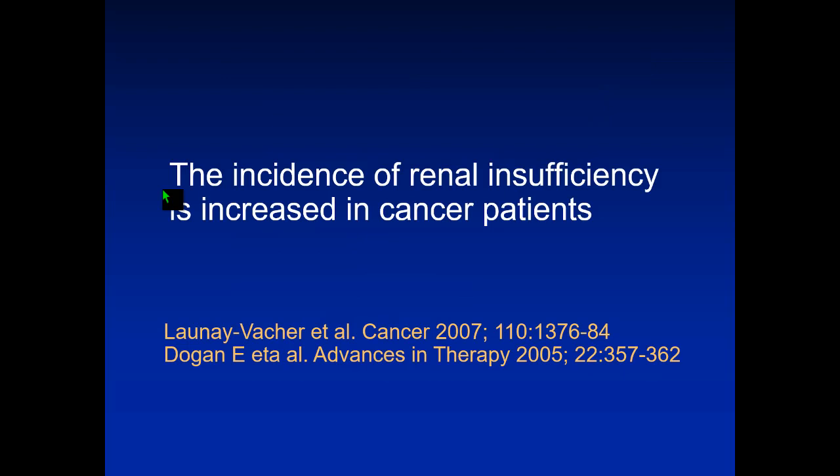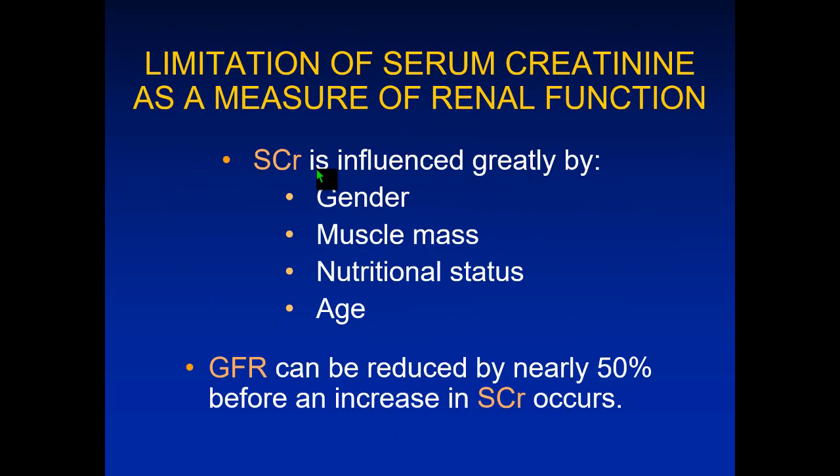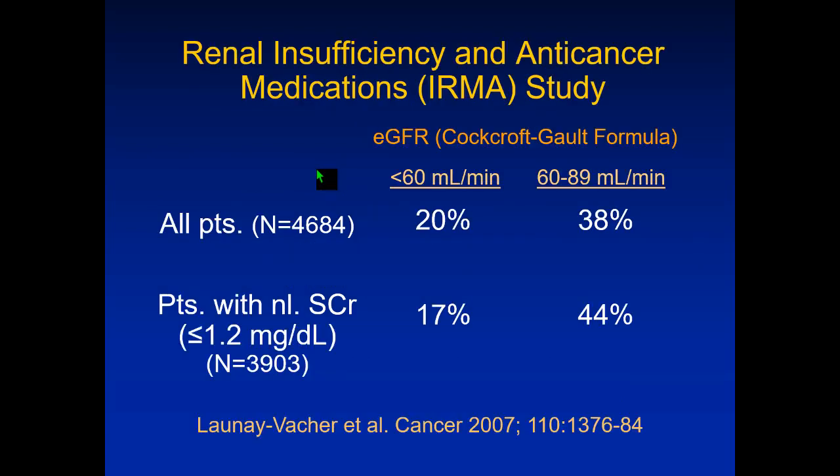And not surprisingly, the incidence of renal insufficiency is also increased in cancer patients. The incidence of chronic kidney disease is increased in this patient population. And this particular study showed that, let's go back.